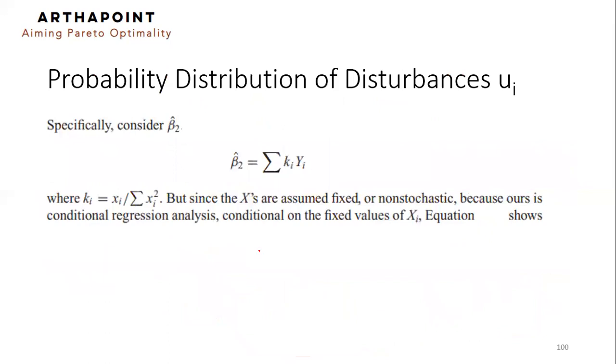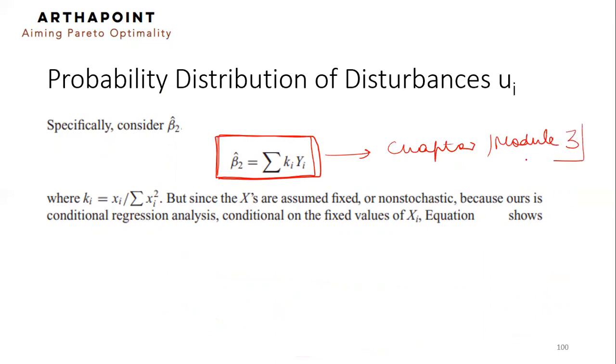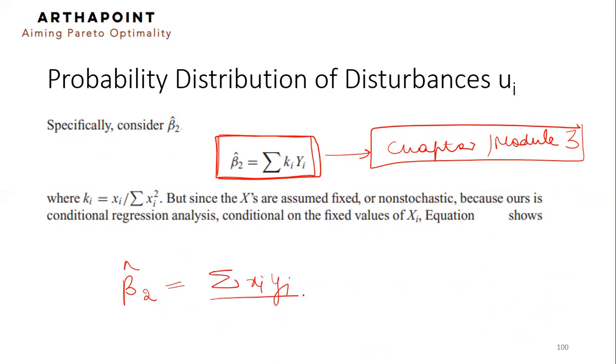Probability distribution of disturbances. Specifically, this is something that we proved in module 3, where I talked about deriving beta 2 hat. And we said that beta 2 hat can be specifically written as summation xi yi upon summation xi square.